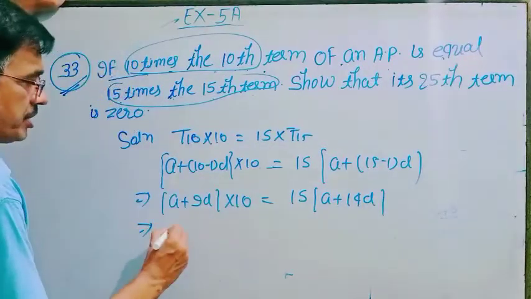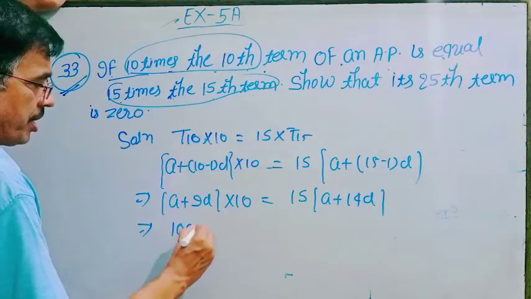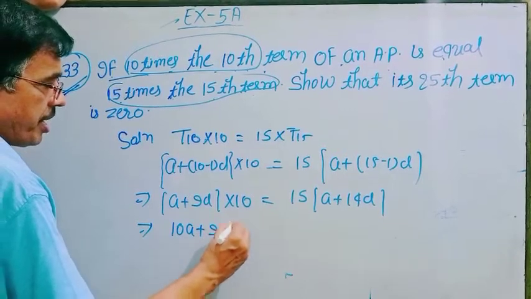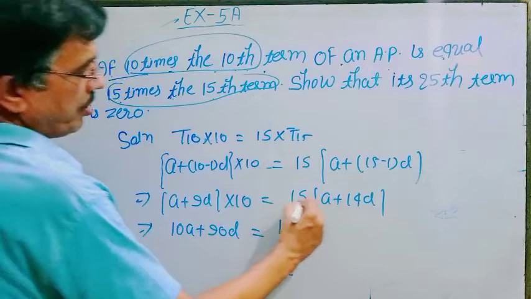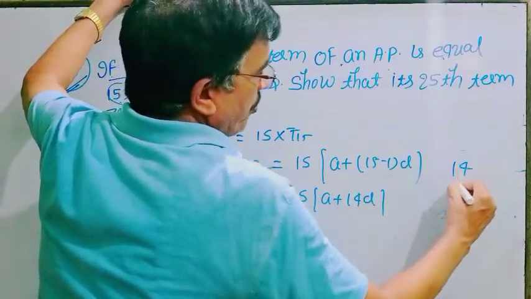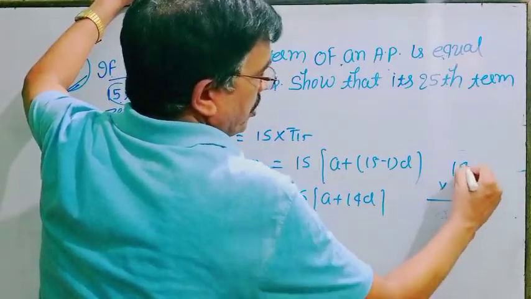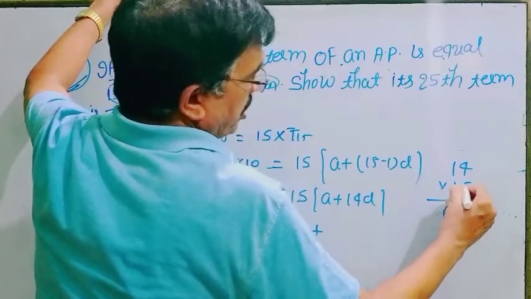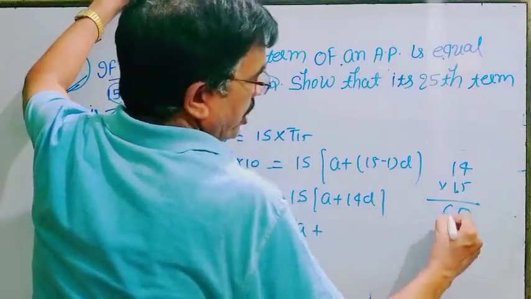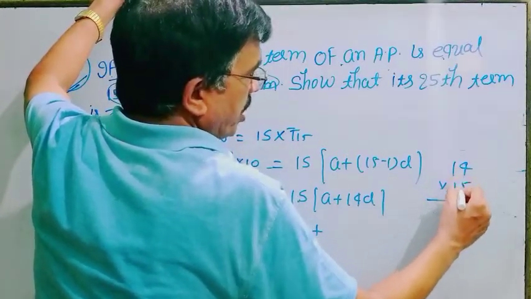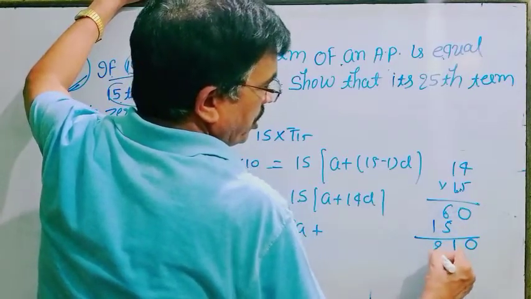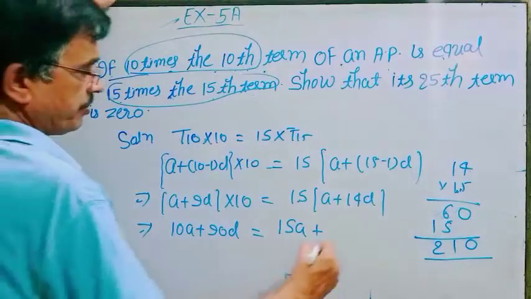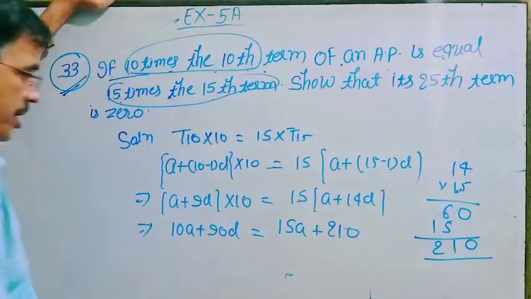Then here is 10A plus 90D is equal to 15A plus 14 into 15, which is 210D.